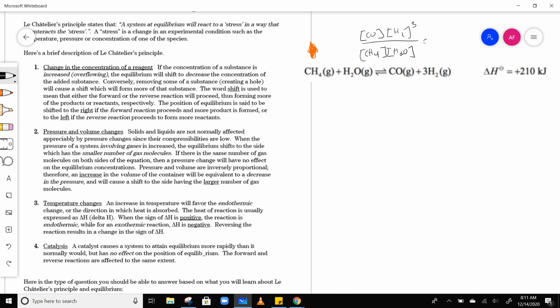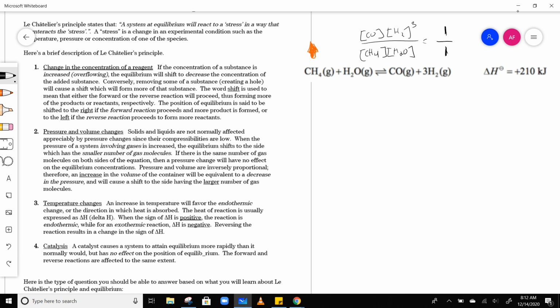Now, this is going to have a specific ratio of numbers. I'm just going to make it up. Let's just say it's 1:1. It doesn't matter what it is. Let's just say that's the equilibrium ratio, 1:1.